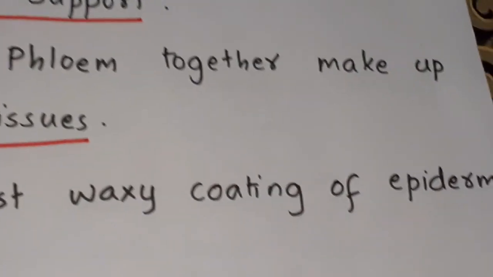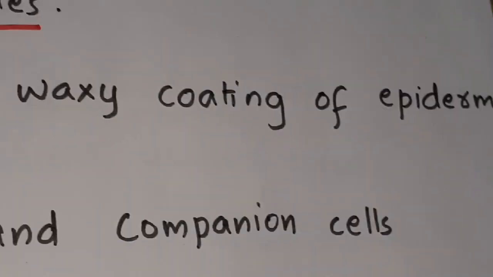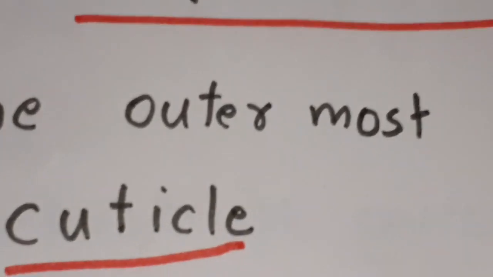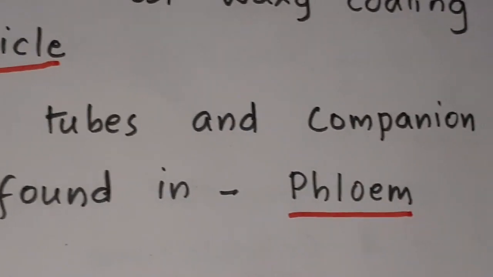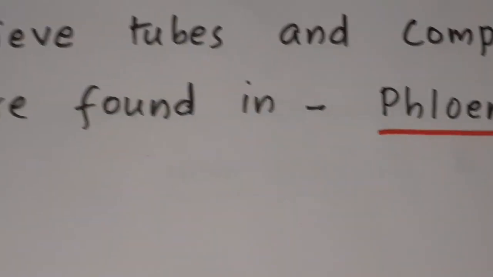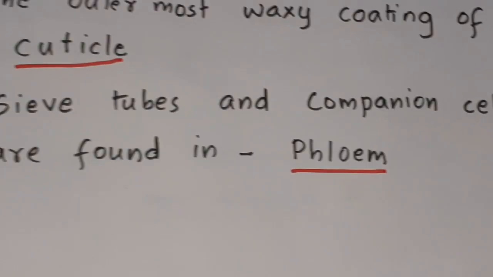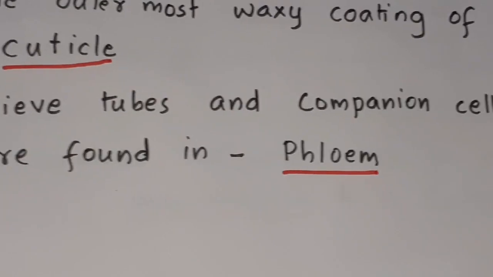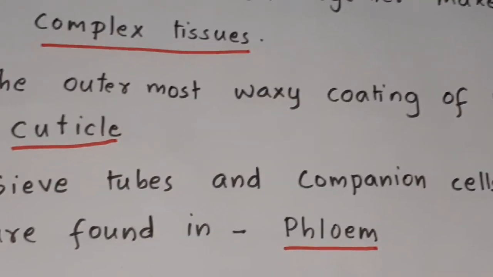When you hear about waxy coating, the name that should come to your mind is cuticle. And the tenth, the last question, sieve tubes and companion cells are found in dash. Phloem is the answer. We have seen that xylem is made up of tracheids and vessels; like that, phloem is made up of sieve tubes and companion cells.